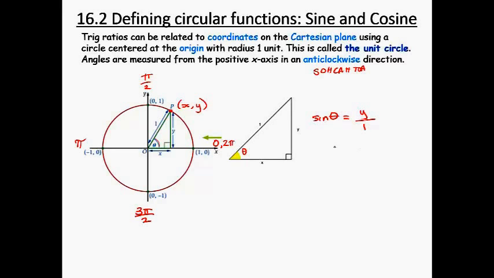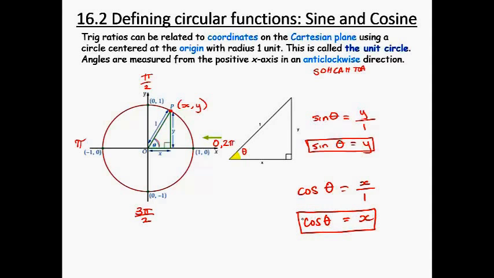So that gives me that sine of theta is always equal to the y coordinate. Similarly, for cosine, the cos of theta is the adjacent, which in this case is x, over the hypotenuse, which is 1, so cos of theta is always equal to the x coordinate.